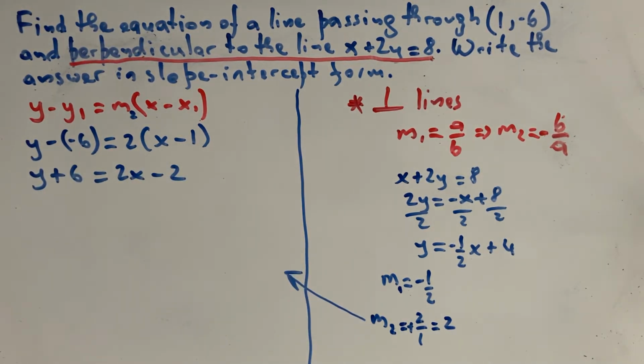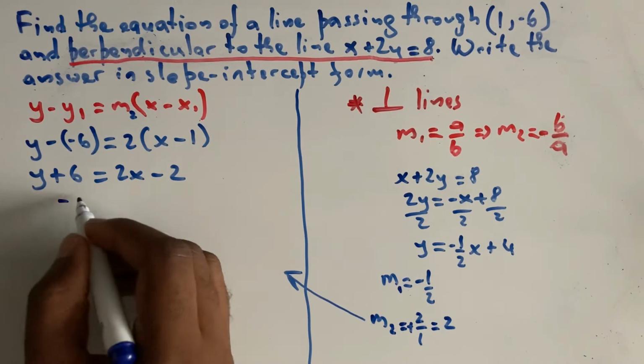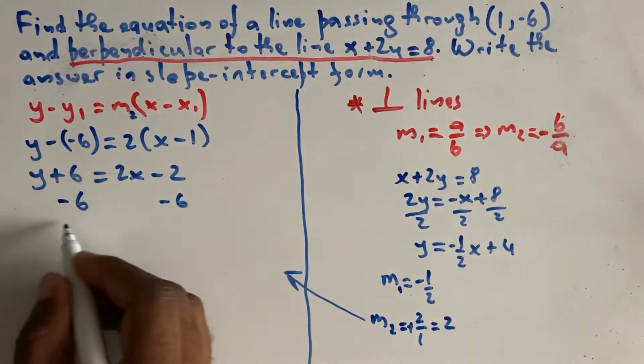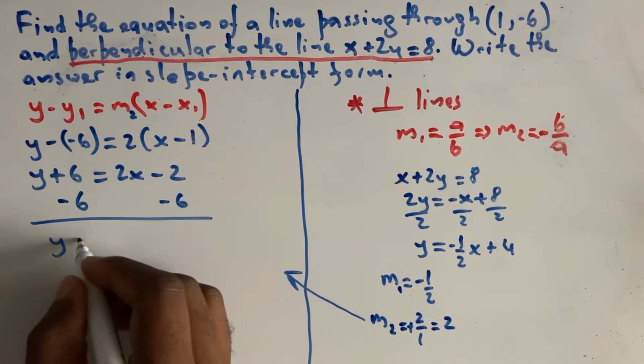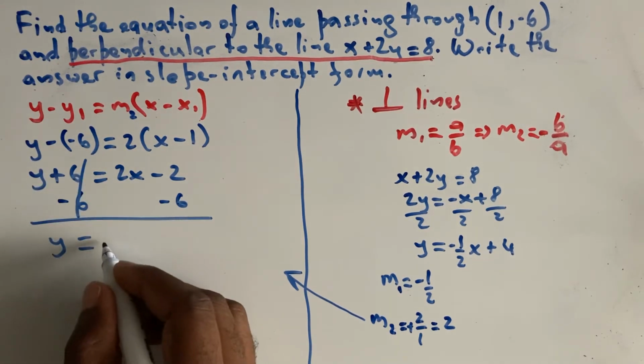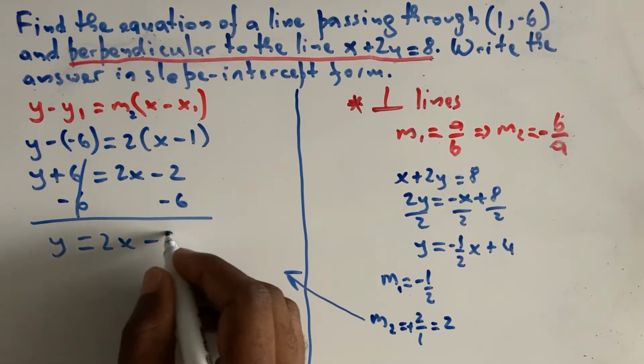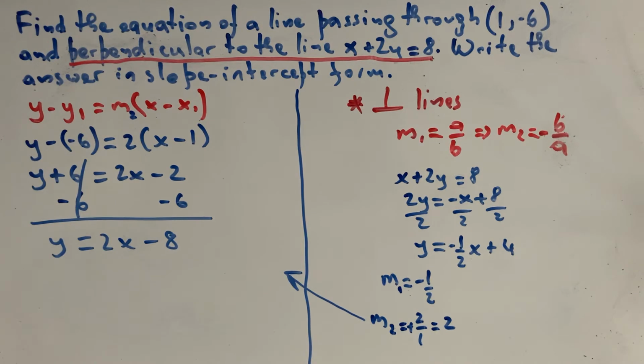Then I subtract 6 from both sides. I'll have y equals 2x minus 8. This right here is your answer: y equals 2x minus 8.